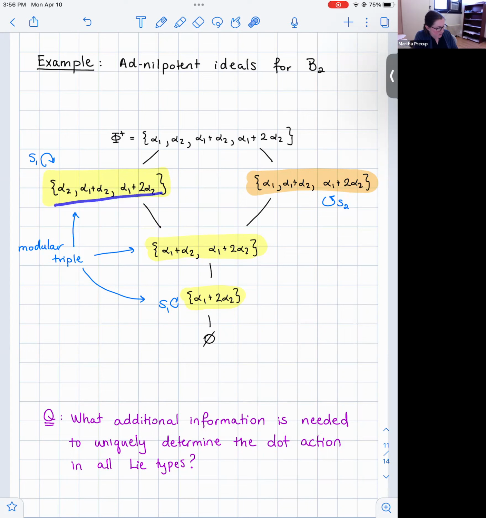There's in fact only one modular triple that you can use. And then this guy, the problem is he's not in any modular triples. So if you're going to determine the dot action representation using only this modular law, you have to know what this ideal will give you independently of all the rest of them. And that kind of thing just doesn't happen in type A. You're going to see that there's always a lot of ways to move between these ideals, and you don't seem to get these isolated cases as often.